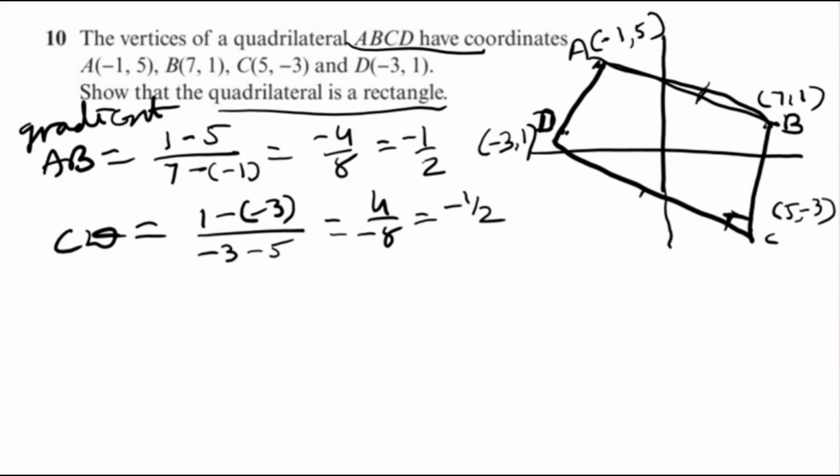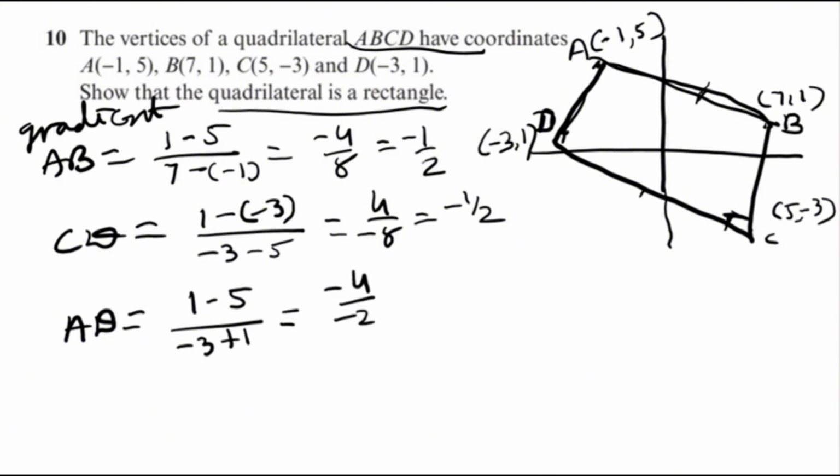Now I have to prove it for the remaining two sides. So I am finding the gradient for AD. The gradient of AD will give me 1 minus 5 over minus 3 plus 1. So minus 4 over minus 2 will give you 2. Now I will find the opposite side, which is BC.